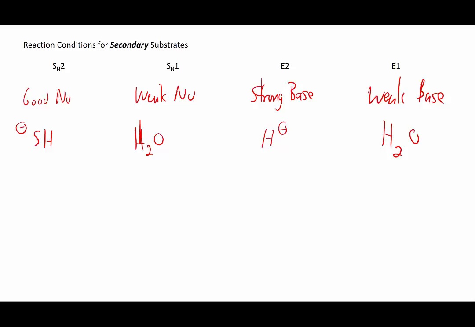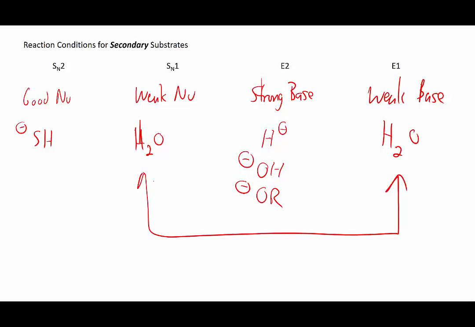But when we shift to a secondary substrate, all of the oxygen bases will also function for E2 reactions. So to summarize this, if you have a good nucleophile, it'll be SN2. If you have a weak nucleophile or a weak base, we can have either an E1 or an SN1 reaction. And if you have a strong base, it'll undergo an E2 reaction.